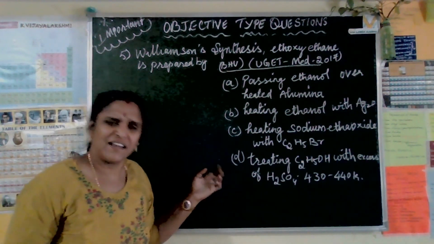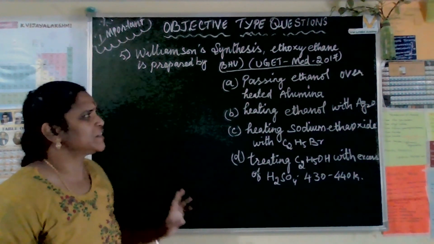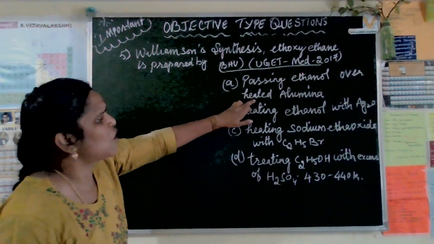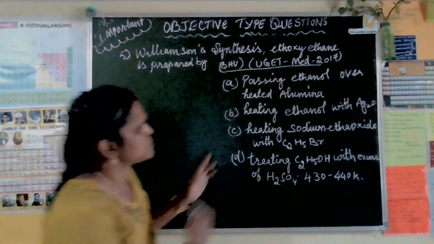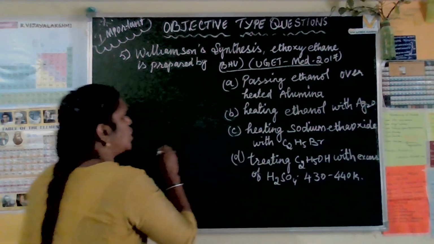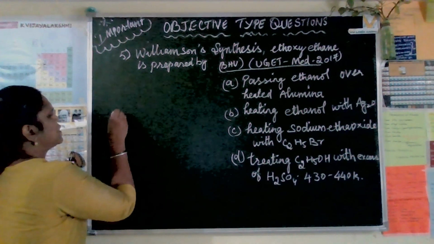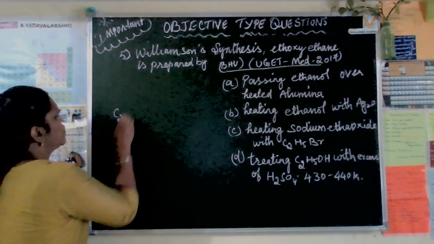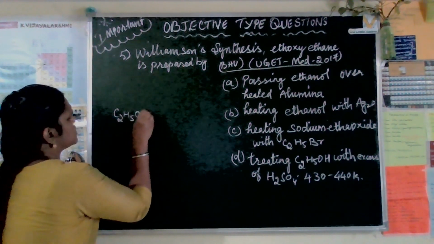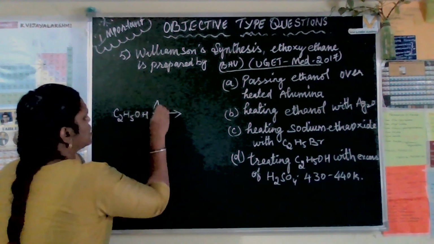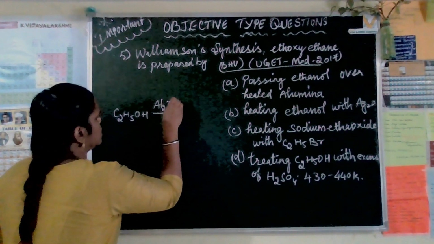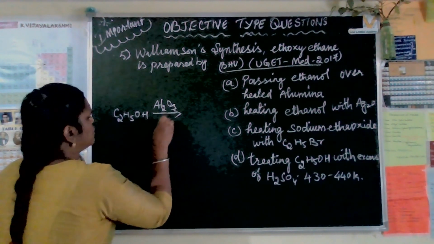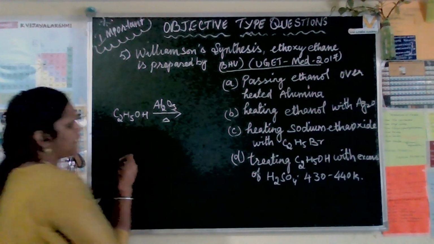Actually, it's really simple. Let us go for that. Passing ethanol over heated alumina: C2H5OH, passing through Al2O3.